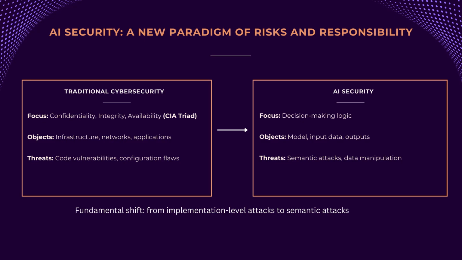With the advent of complex AI systems, especially those based on deep learning, we are observing a fundamental shift. The attack surface expands to include the very decision-making logic itself. An adversary no longer needs to compromise the system at the infrastructure level, they can manipulate its behavior through carefully crafted inputs. This phenomenon represents a transition from implementation-level attacks to semantic attacks on the system.